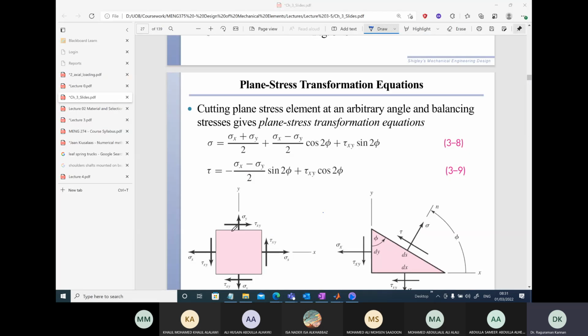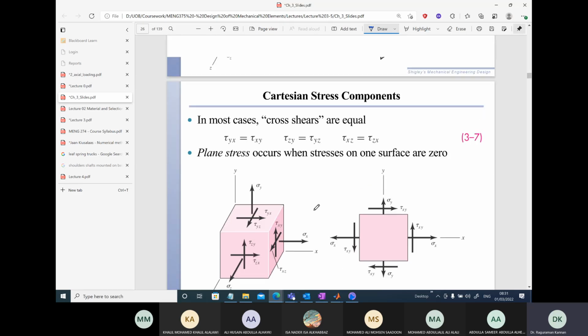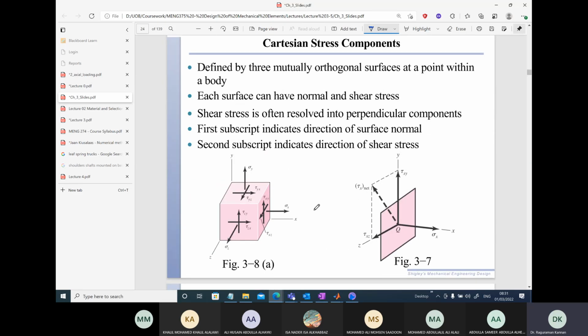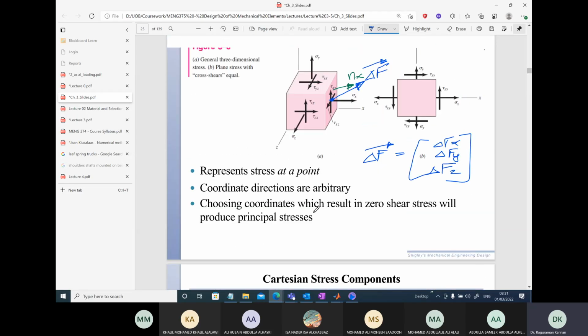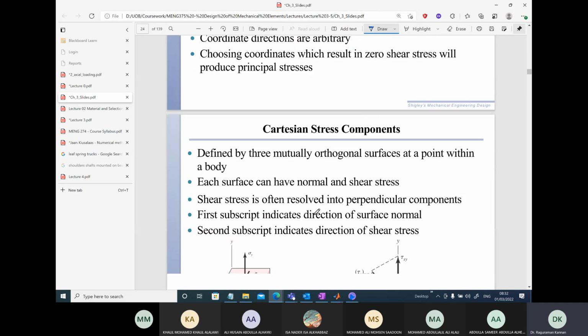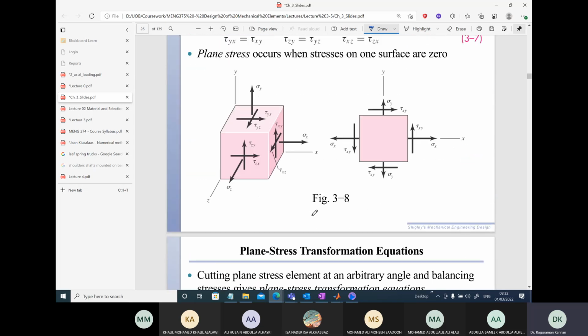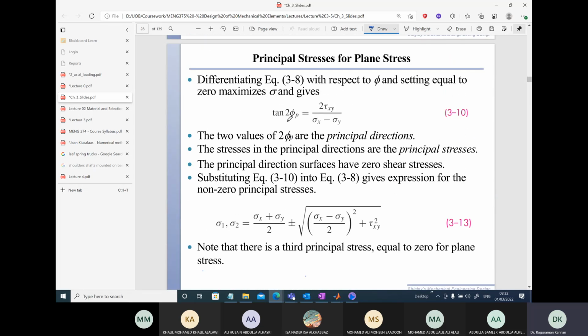Now take a look at the formula for the maximum principal stress direction. Let's go back for a second. We need to see the derivation for maximum principal stress. Here, this is the equation for maximum principal stress.